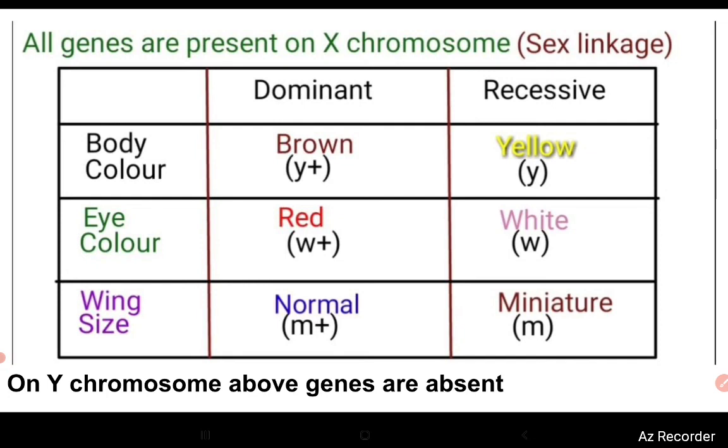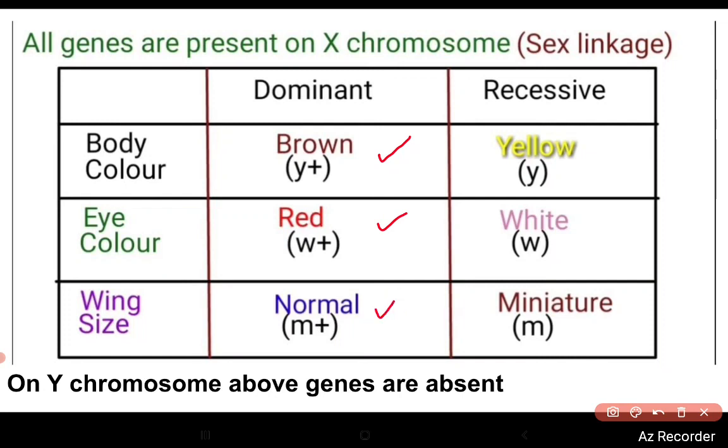So in case of body color, the dominant color is brown, eye color dominant is red, and wing size dominant is normal.